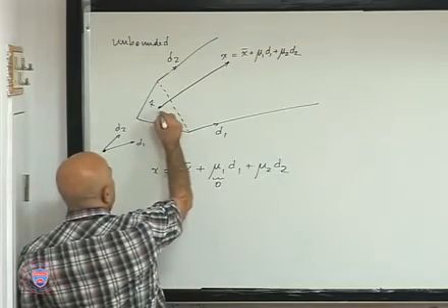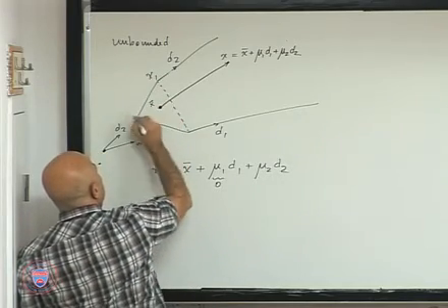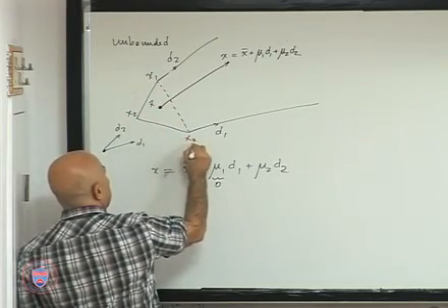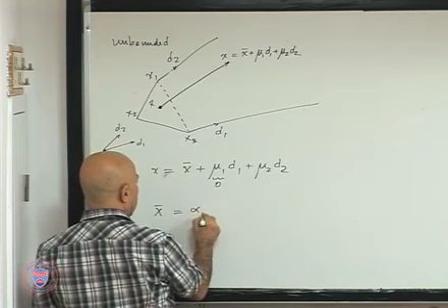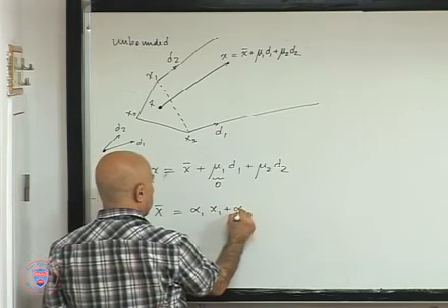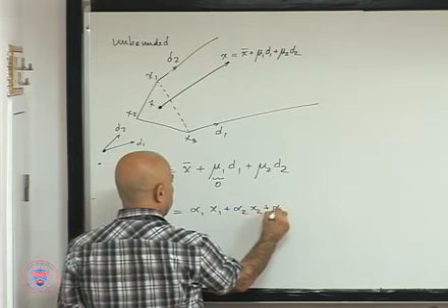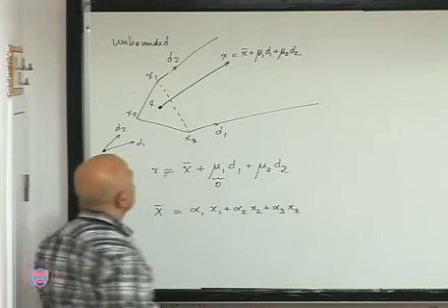So once you pick X bar here, there are extreme points x1, x2, x3. So X bar is equal to, say, alpha 1 x1 plus alpha 2 x2 plus alpha 3 x3. Okay?